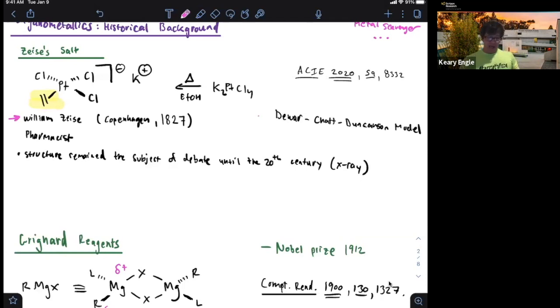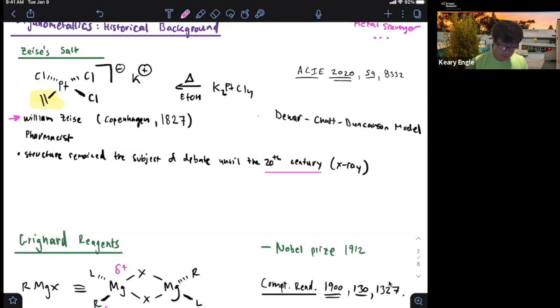But in any case, Zeise ran this interesting experiment where he took potassium chloroplatinate and heated it up at reflux in ethanol and got a mysterious looking solid out of this. And it would be many, many years before the structure would be confidently elucidated, all the way into the 20th century by X-ray crystallography.